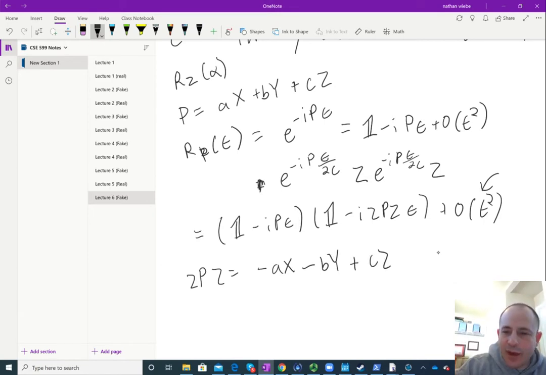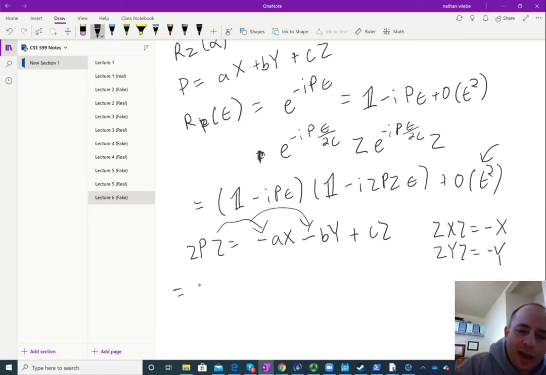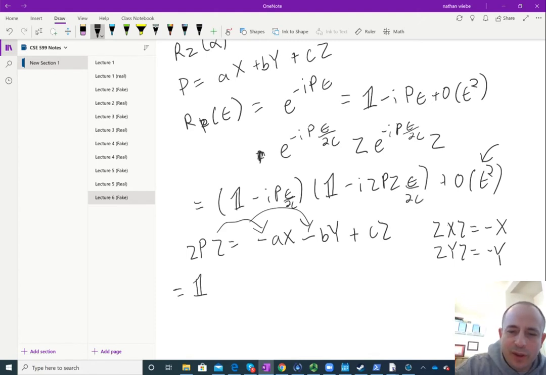And here I've used the fact that ZXZ is equal to minus X, and ZYZ equals minus Y. So by conjugating with Z's around the P, we have flipped the signs. So when I expand this out, what I end up getting is identity. Oh, and I forgot, sorry, the over 2c over here and there.